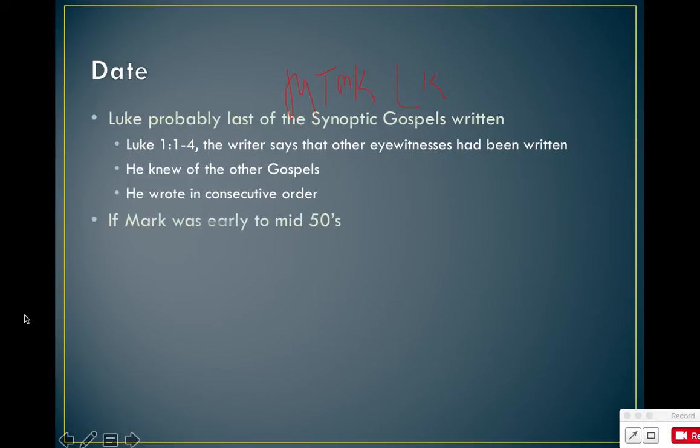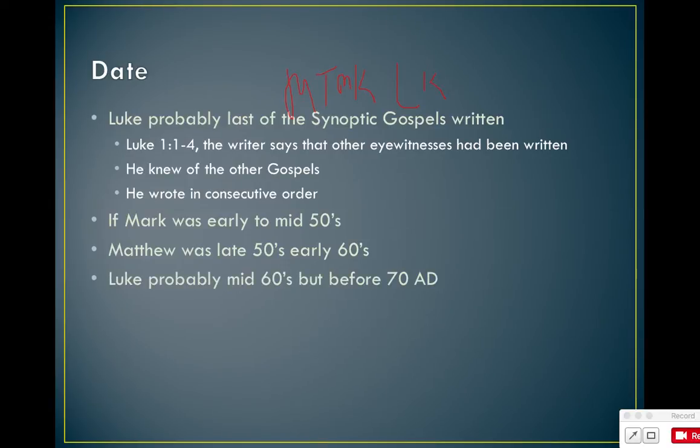And so, if Mark is written in the early 50s A.D., Matthew coming in the late 50s, early 60s, I'm going to suggest a date for Luke around the mid 60s, but before AD 70. Again, the Jewish temple would have been destroyed, and not much was written after that except for a few books. So I'm going to suggest for Luke probably around the mid 60s.